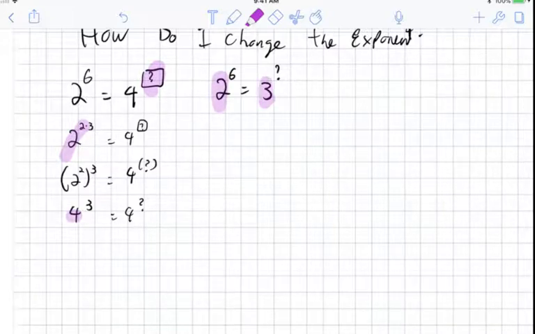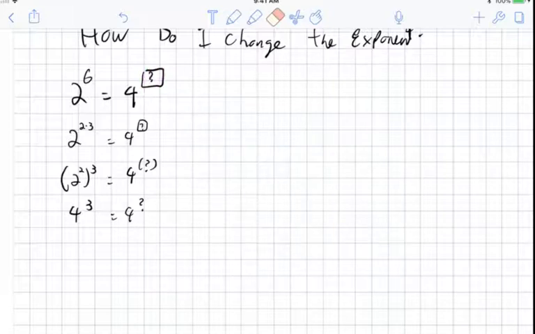I can't break up the 6 in a way I could before. But even then, this is actually a pretty cool idea. The idea is that I change the base, go from 2 to 4, and in changing the base, I change the exponent. I'm going to teach you how to do that.